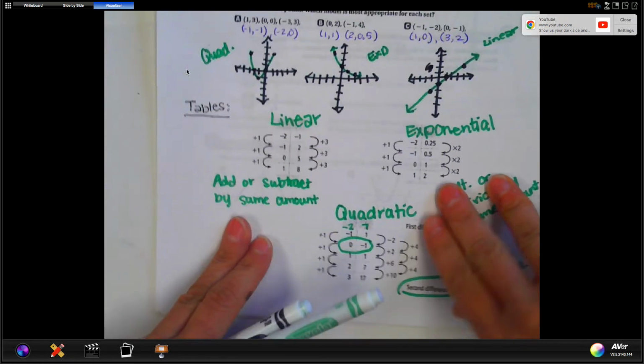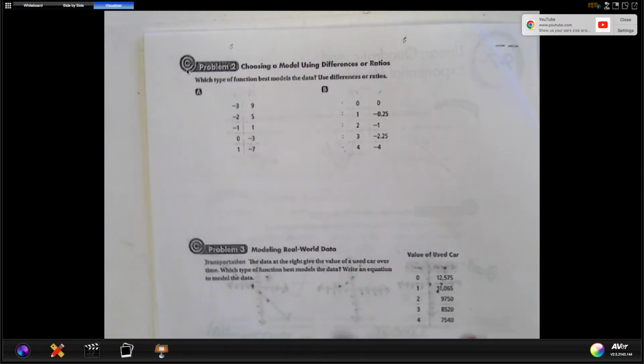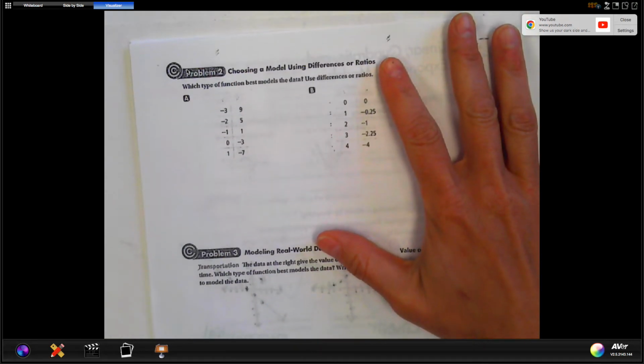Now let's put it into practice. Let me show you. Here's a good example of this type of problem. It'll say which type of function best models the data, use differences or ratios. So all you have to do is take a look at what we're doing on each side.